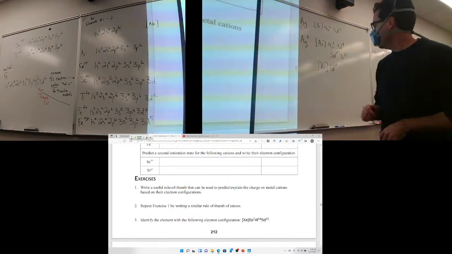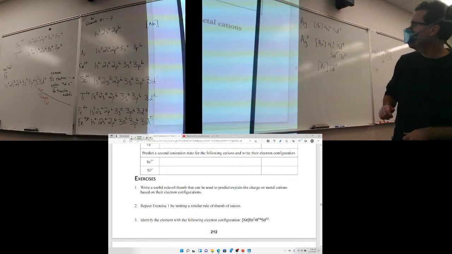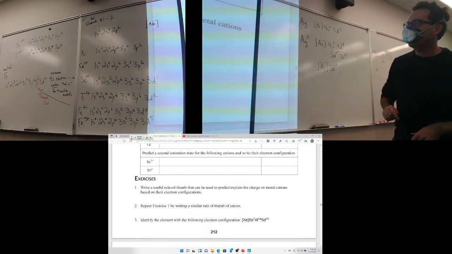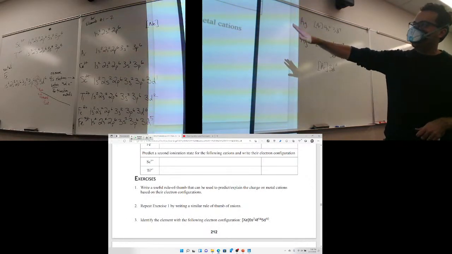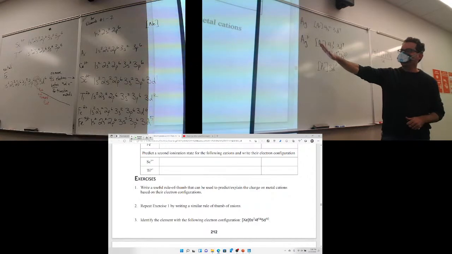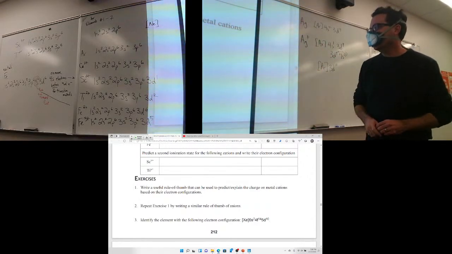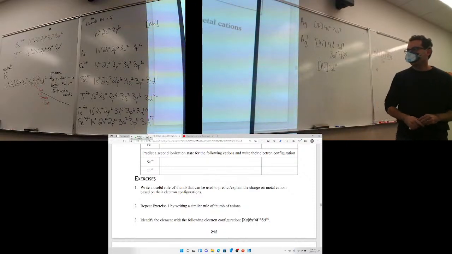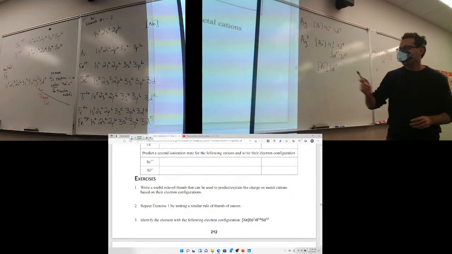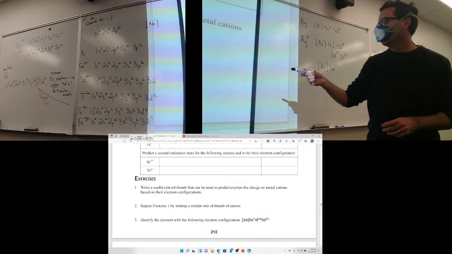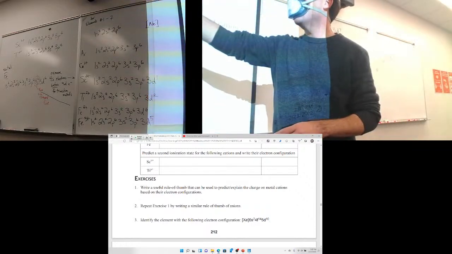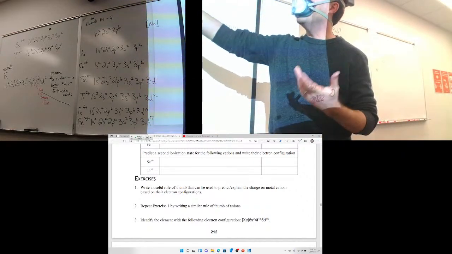So I think exercises 1 through 3. I'm going to leave it up to you to come up with your own explanation for how this works, 1 and 2. But for 3, what is that element? Anybody get to that? So xenon, which starts in row 5, or ends in row 5.